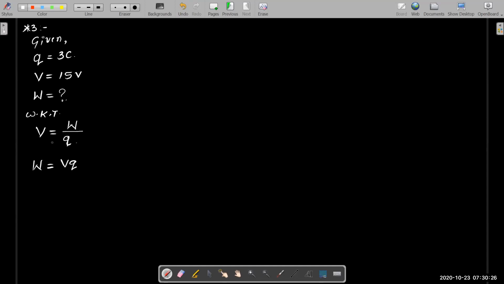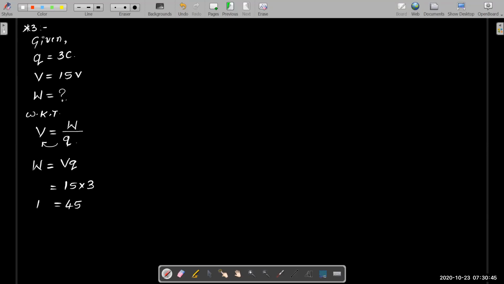If you transpose Q to the left hand side, we get work done is equal to V into Q. That's all. So substitute the values. V is 15 and Q is 3. 15 3s are 45.